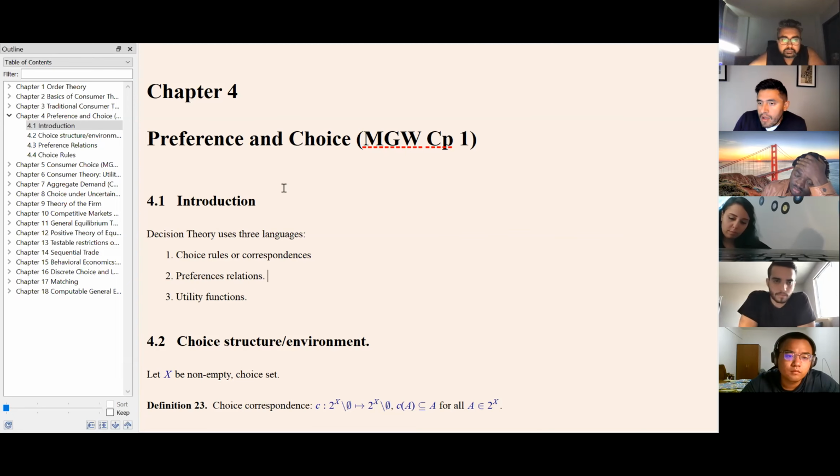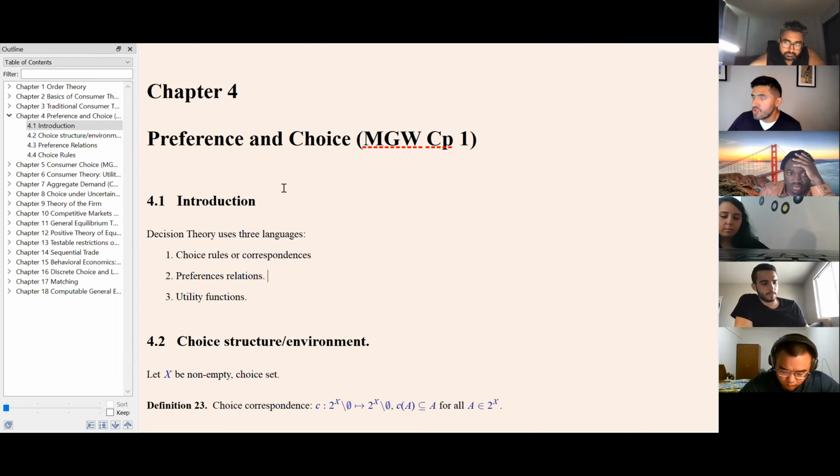So our objective right now, as I told you in the summer, is to model the center of any economic model, right? Which is a consumer decision maker. This decision maker is a human. Mostly, right now we have artificial intelligence as well, but initially we wanted to model human behavior in the context of economic interactions.